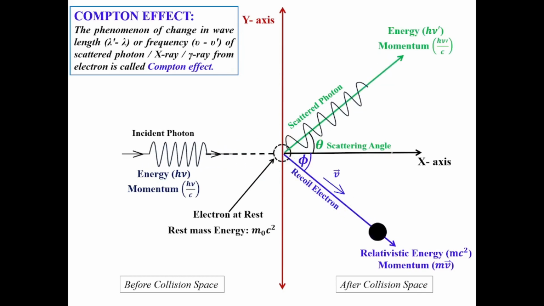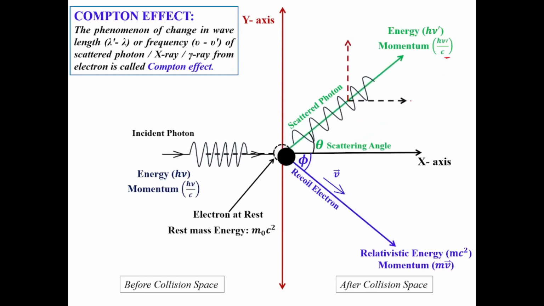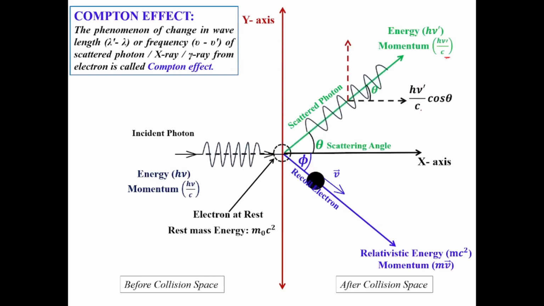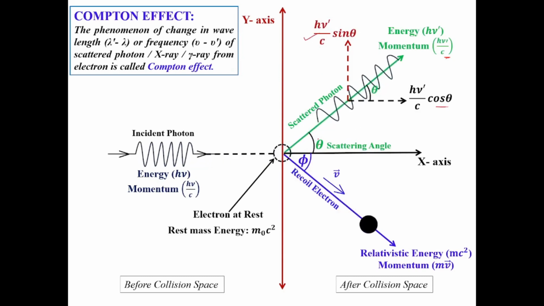So the momentum of the scattered photon has two components. Along the x-axis it will be h mu dash by c cos theta, and along the positive y-axis it will be h mu dash by c sin theta.